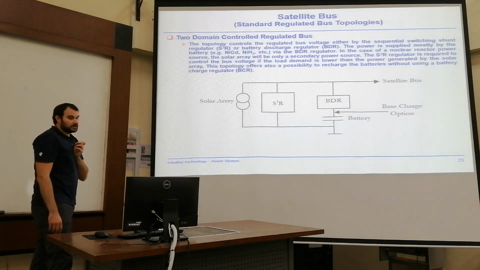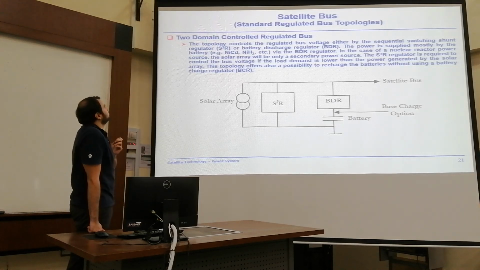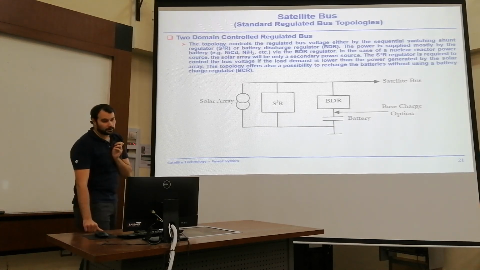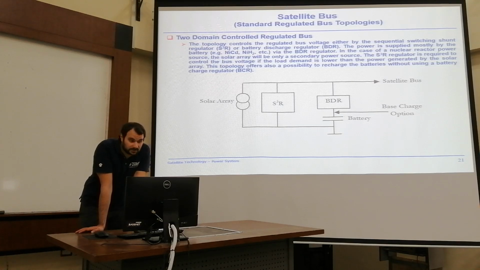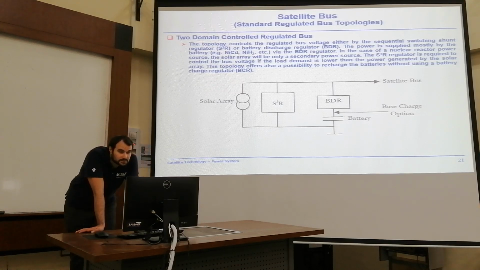In the 2-domain controlled regulated bus, this topology controls the regulated bus voltage either by the sequential switching shunt regulator, again the SR3, or the battery discharge regulator, BDR. So we don't have a BCR unit here. The power is supplied mostly by the battery via the BDR regulator.